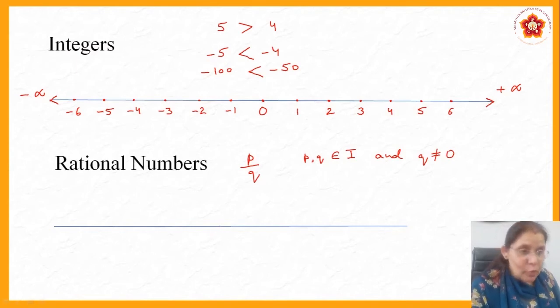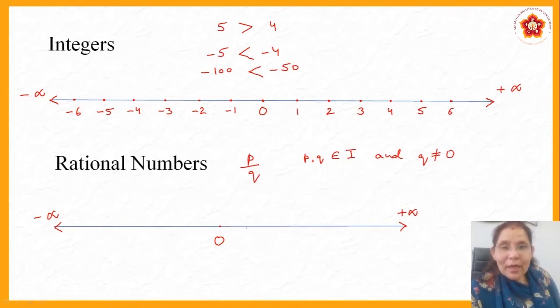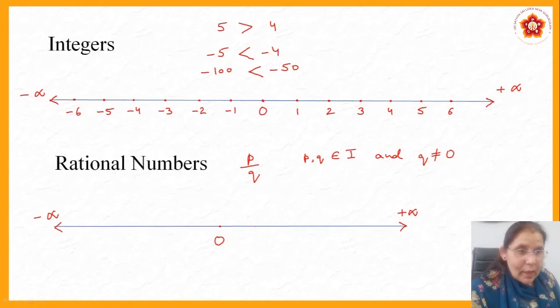So that means we have to plot the number line on a similar pattern as integers. We mark 0 somewhere in the center. On one side it will be plus infinity, on the other side it would be minus infinity, and we'll then mark points on this number line using a measuring scale at equal distances.